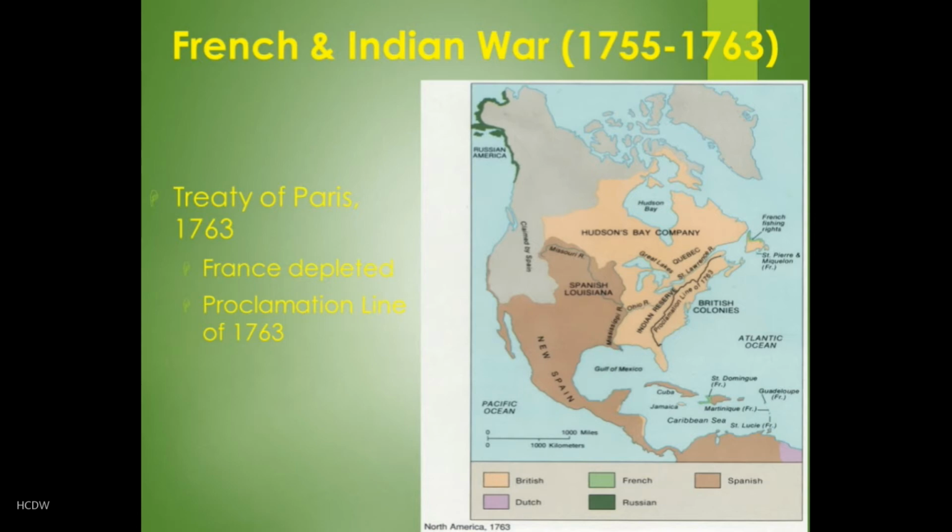So again, roughly corresponding with the crest line of the Appalachian Mountains, leaving the lands between the Appalachians and the Mississippi River to the Indians, and the lands east of that line to the colonists. And we will see shortly how that proclamation line worked out.